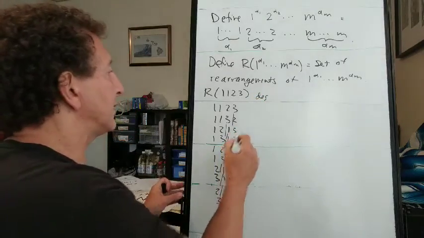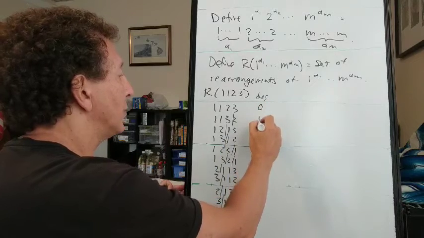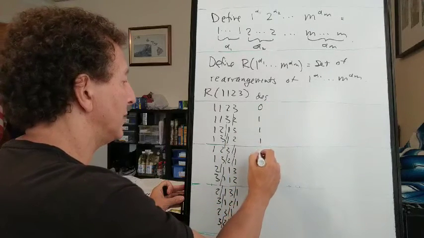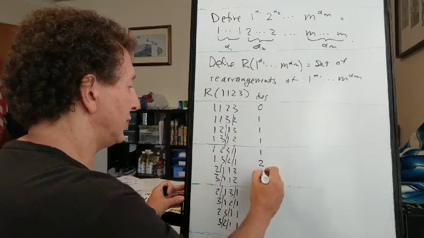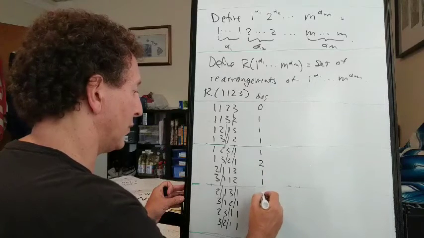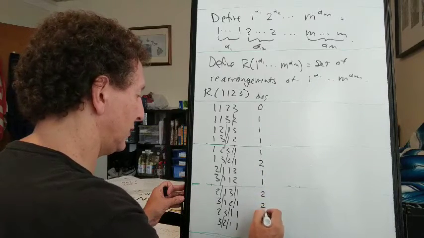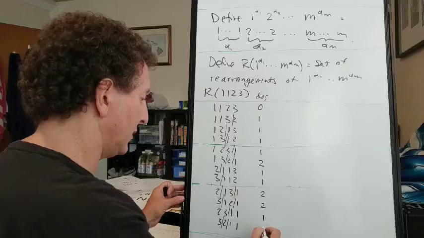So the number of descents is 0, 1, 1, 1, 1, 2, 1, 1, 2, 2, 1, 2.